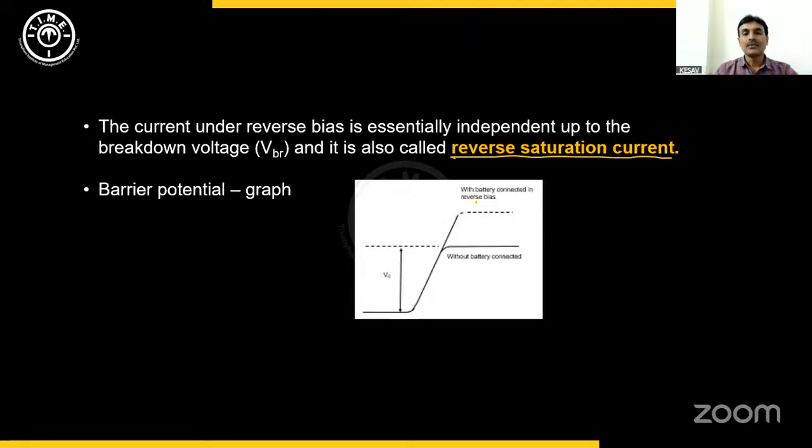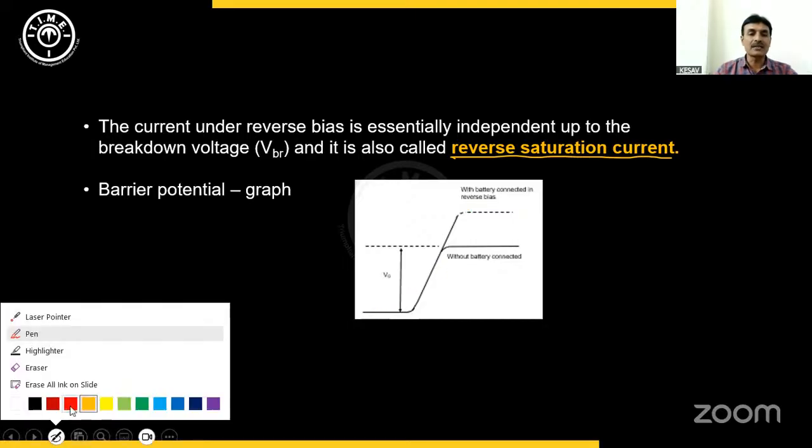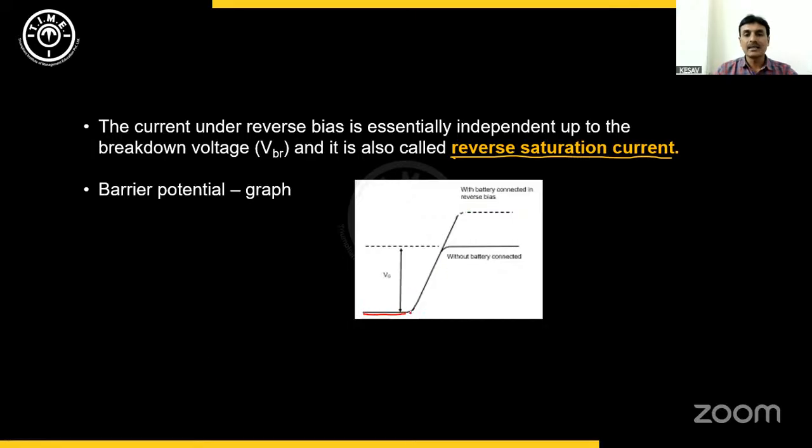Coming to the barrier potential graph, see, with the battery connection and without the battery connection. When the battery is not connected, this is the height of the barrier potential V0, the potential barrier across the P and N regions. But when the battery is connected, it rises up to this level with V over here.